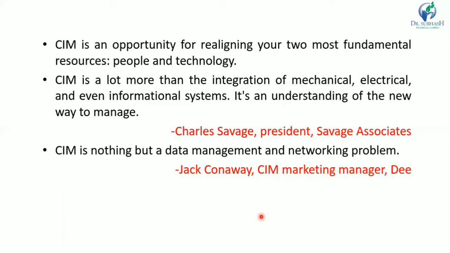In short, we can say the term CIM, or computer integrated manufacturing, comprises three words: computer, integrated, and manufacturing. Though all three words are significant, the first two, computer and integrated, are secondary and merely adjectives modifying the last one, manufacturing.